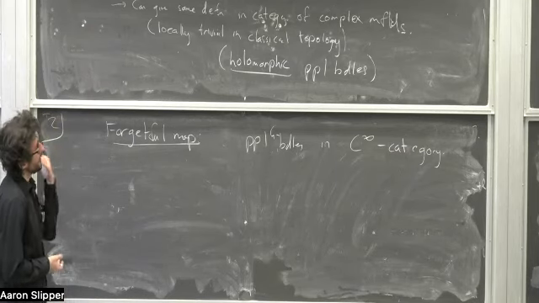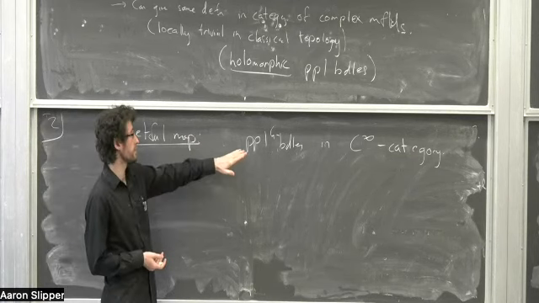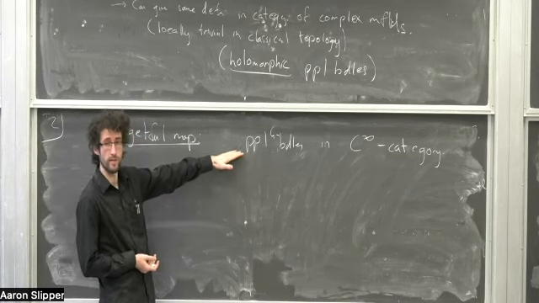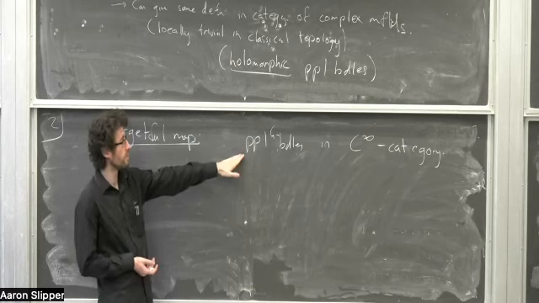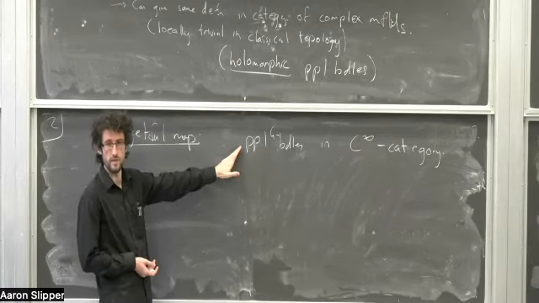Now, what we want to do is describe the holomorphic G-bundles in terms of extra structure that we can put on these principal bundles.